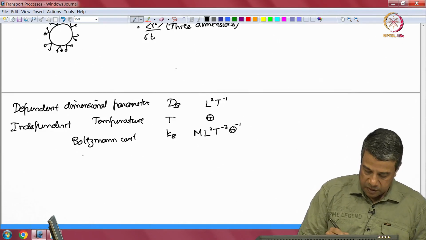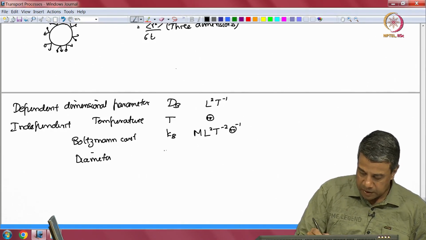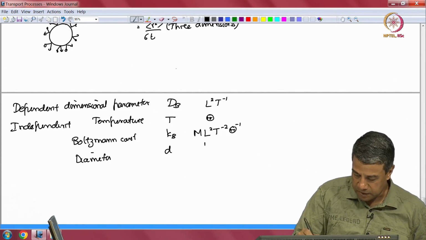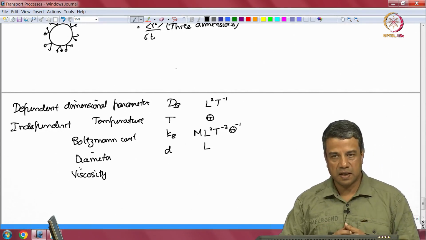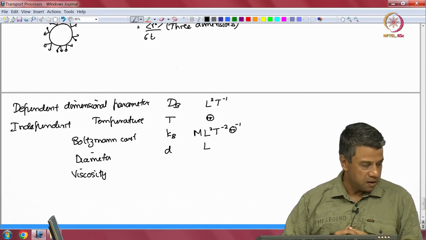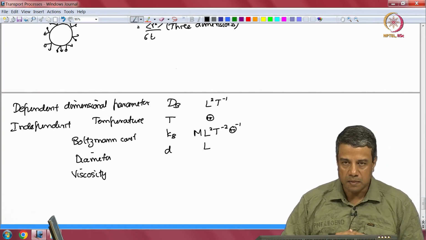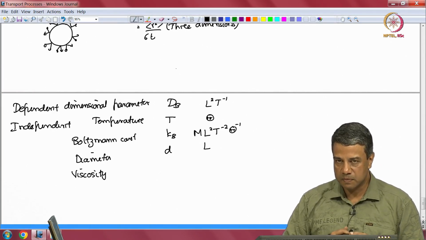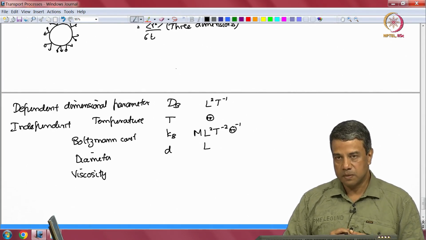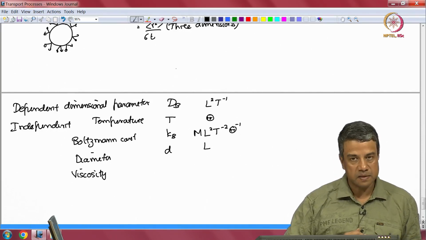Then I have the diameter of the particle d with units of length, and I also have the viscosity, because I told you that the drag force that is resisting the particle motion is primarily viscous, because for these very small particles the Reynolds number rho v d by mu is very small, because the diameter is very small.